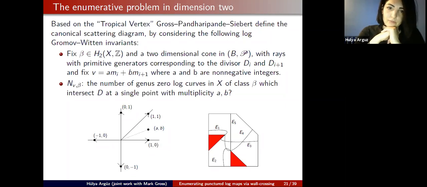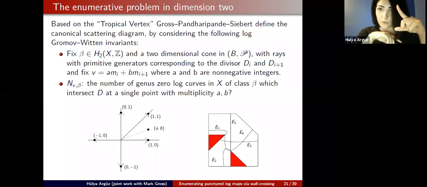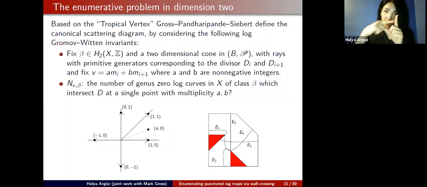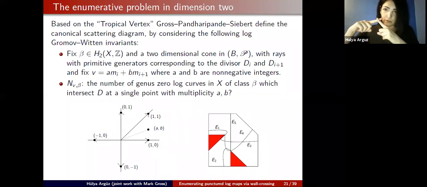And then you want to understand the number of genus zero log curves in X of class beta, which intersect D at a single point with multiplicity (a,b). So you want these curves to intersect D at a single point. If you're on a ray, if either a or b is 0, you will be on a ray. So you will just intersect one component of your divisor at a single point. If (a,b) is in the interior, because you intersect your boundary at a single point, you will intersect the intersection of two components.